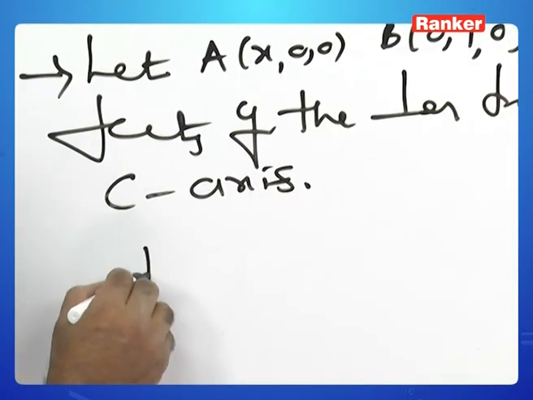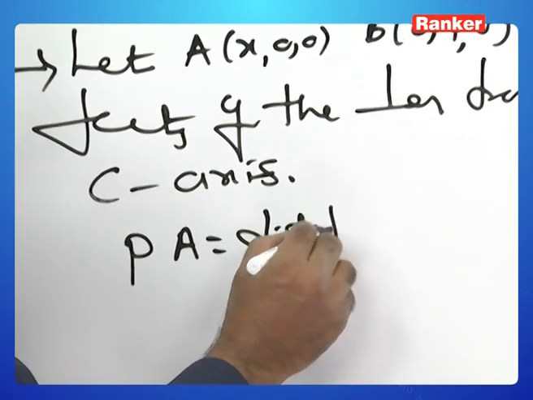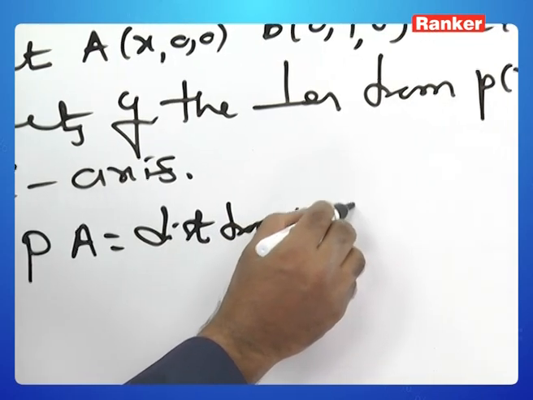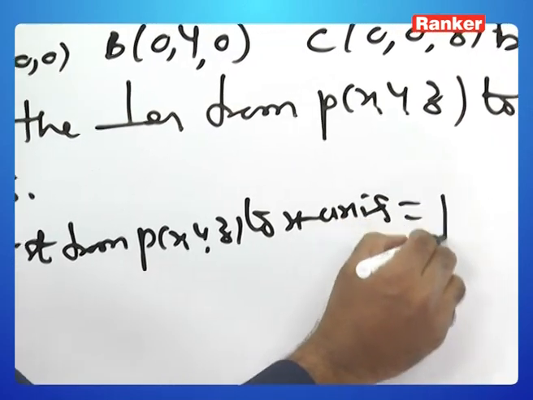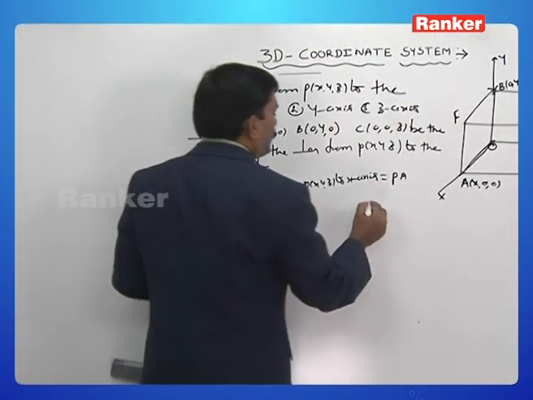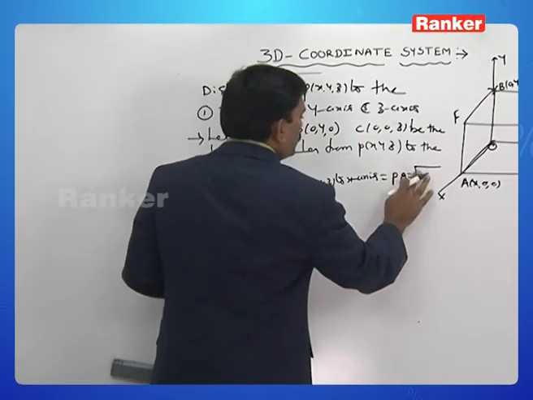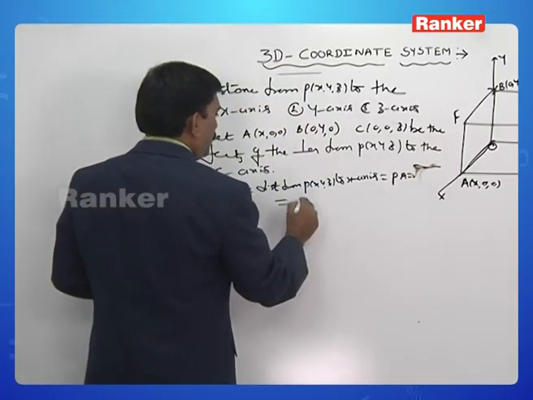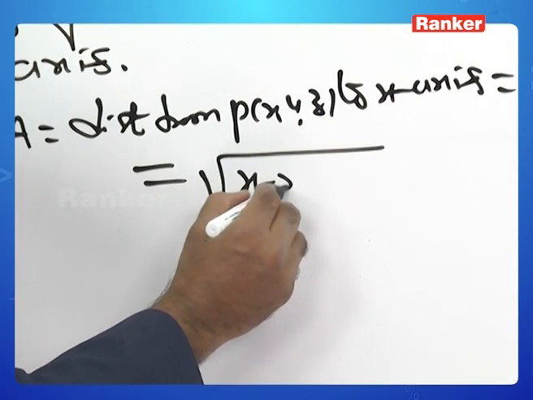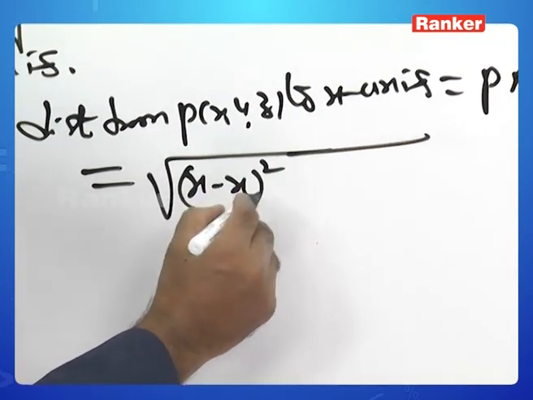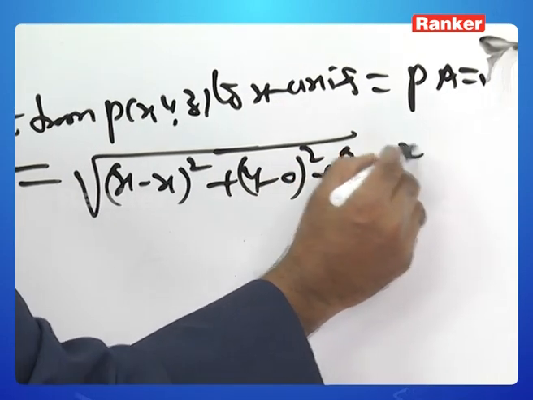So now I'll go for PA. This is the distance from P of x, y, z to the x-axis, means it's PA. Apply the distance formula between P and this point. This becomes (x minus x) whole square, plus (y minus 0) whole square, plus (z minus 0) whole square.